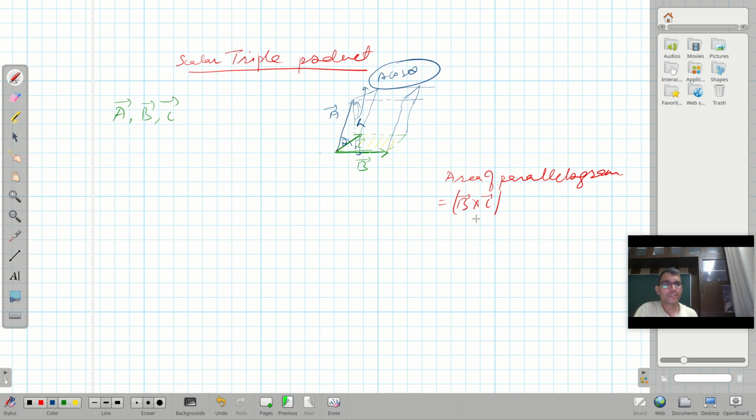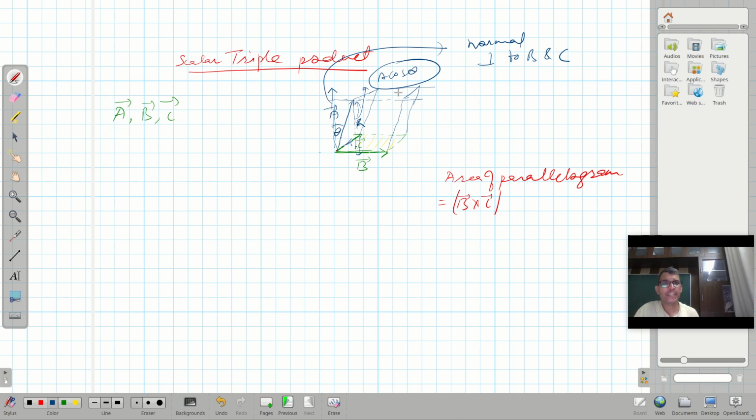Or in other words, say I draw a perpendicular here, say it is the z-axis or any axis, which is normal perpendicular to B and C, and say this is making an angle theta with A. Then this height is h.